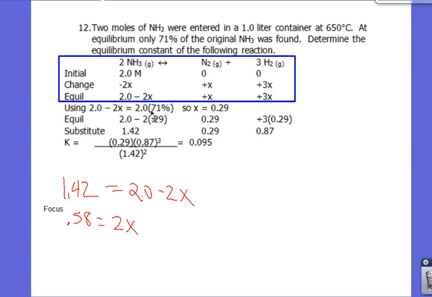So I did 71% of the original. That is the quantity left in there at equilibrium, and I set that equal to my math expression. 2 minus 2x is equal to 71% of 2. Therefore, x is equal to 0.29. Plug that back in where all these x's are, and you can solve for everything. That is a good problem to focus on.